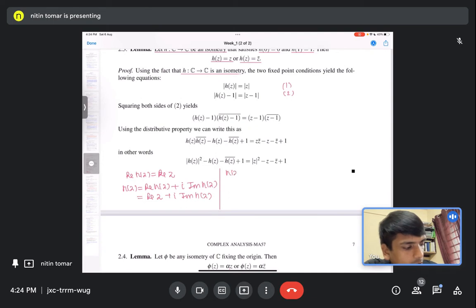Now use again that mod of H(z) is equal to mod of z. So their squares will also be equal.